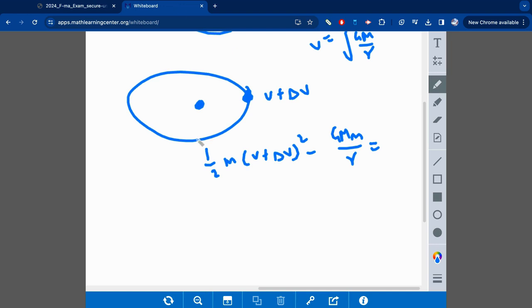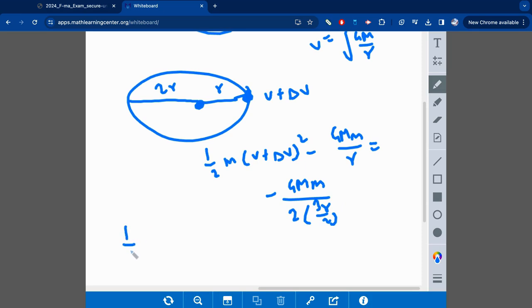For an elliptical orbit, the semi-major axis a is just the average of these two distances. We know that this is r, this is 2r, so the average is 3r over 2.